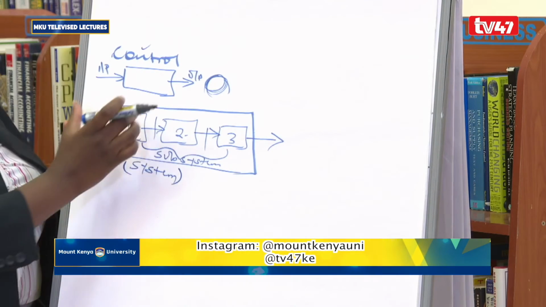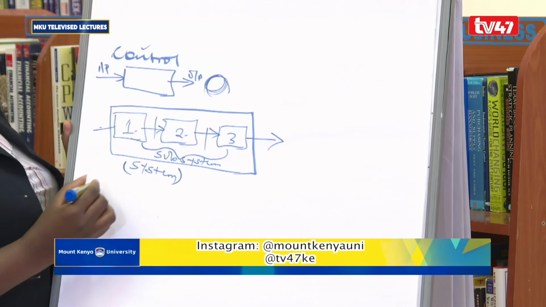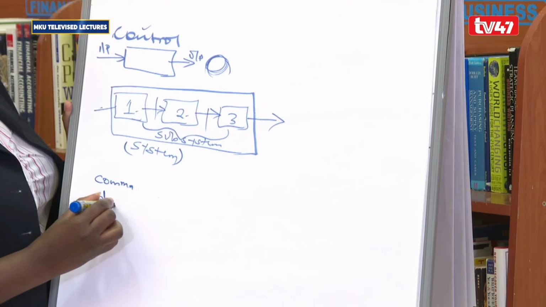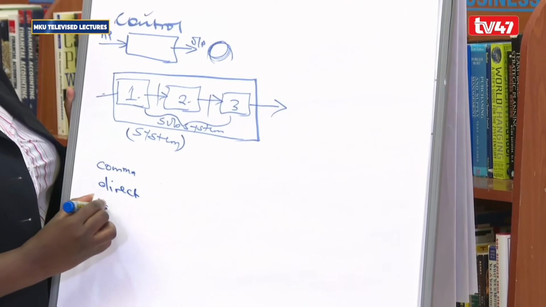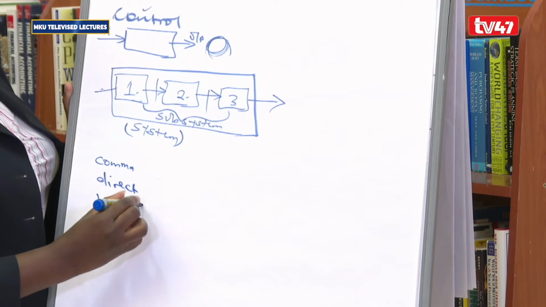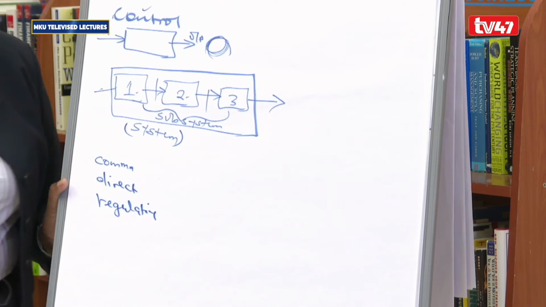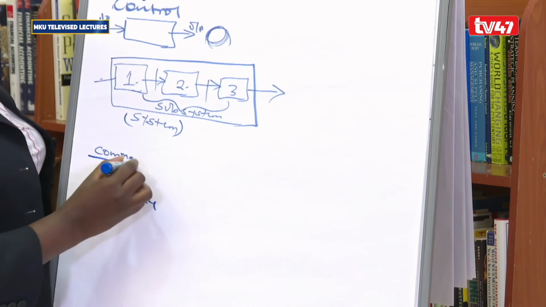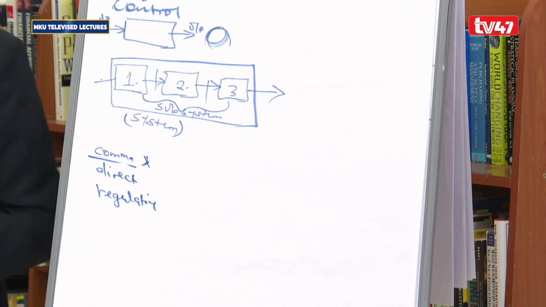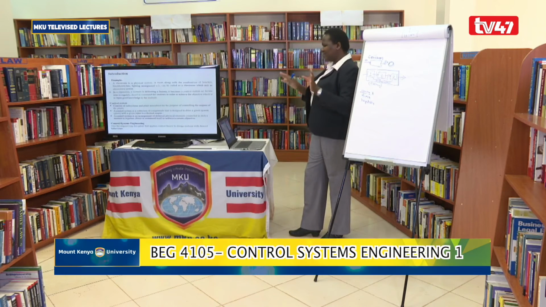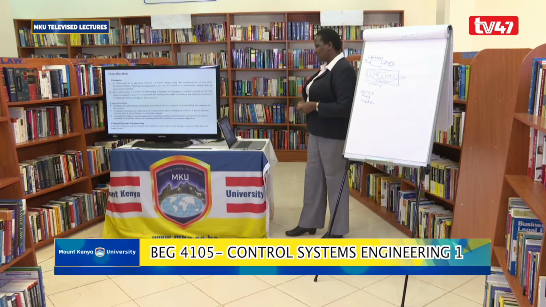So I am trying to control you. By controlling, I command, do ABCD, I direct, and I also regulate. Regulation here means I try to ensure that you come to class early. I also direct you and command you, give you some exercises to be done and all that. So that is a complete control system.